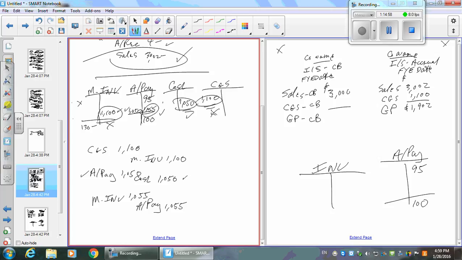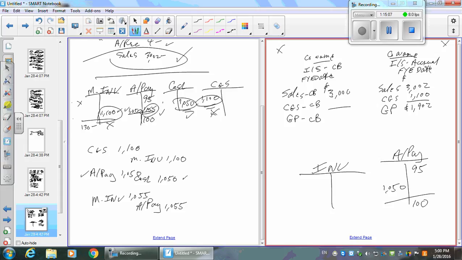We knew we credited cash for $1,050,000. That's what we paid the vendors. So the debit must be to accounts payable. Now, what's this number? What's 5 more than the $1,050,000? Now I got it, I didn't see where that 1,050 came from.